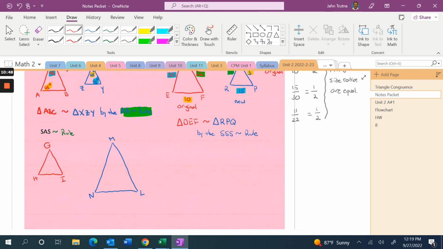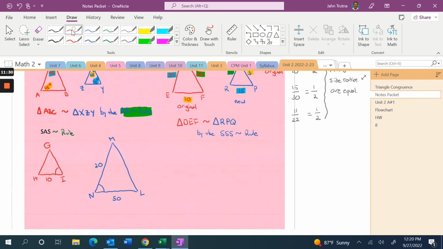We know that angle I in the red triangle is congruent to angle N in the blue triangle. We know that in the blue triangle, the longest side of the blue triangle is 50, and that is side N to L. In the red triangle, the longest side of the red triangle is 10, and that is side H to I. In the blue triangle, side M to N is the shortest side, and it has a length of 20.